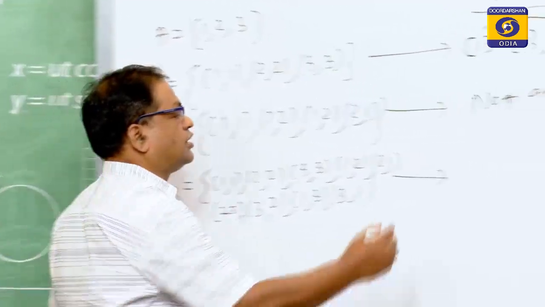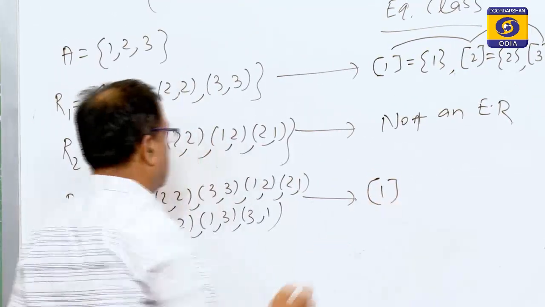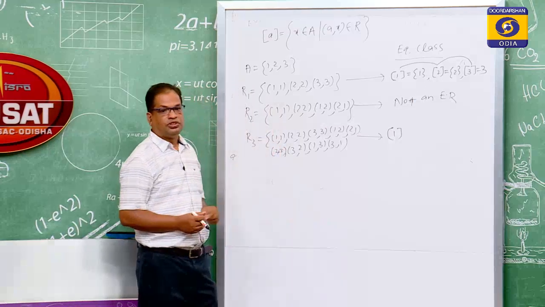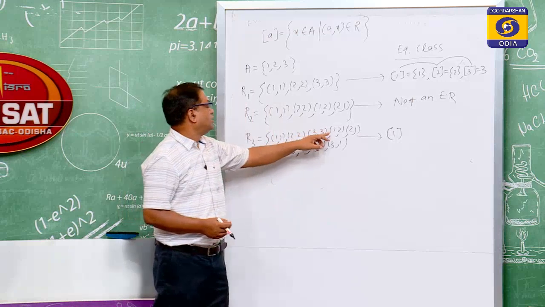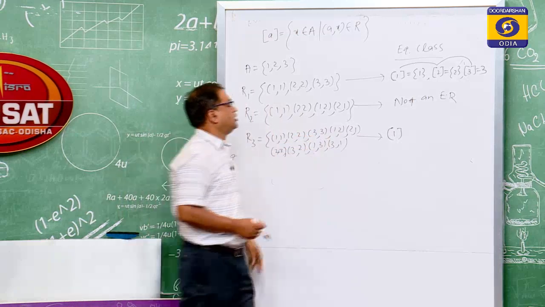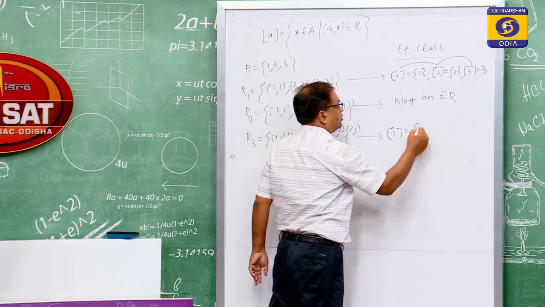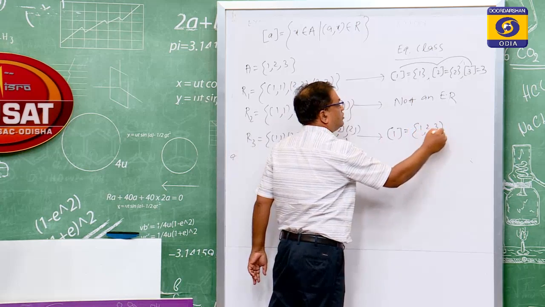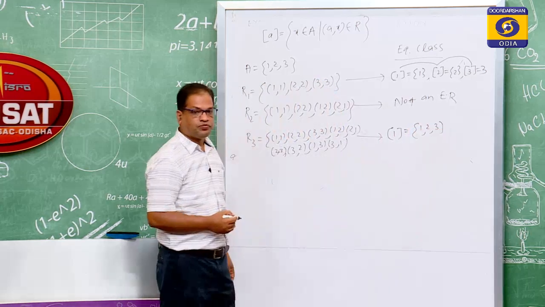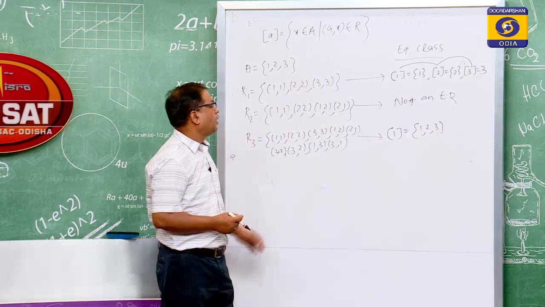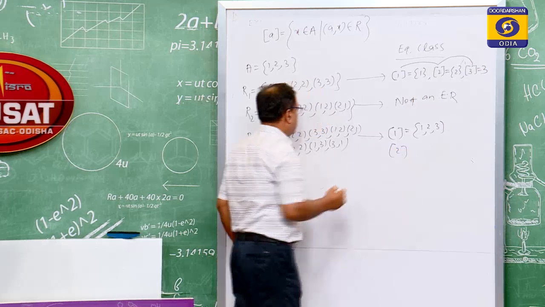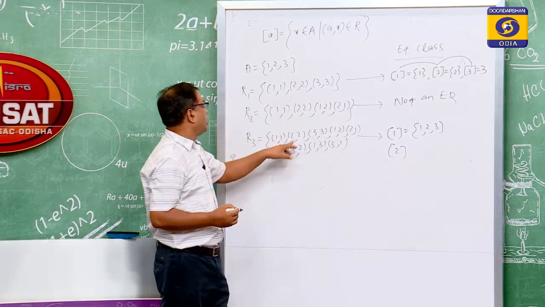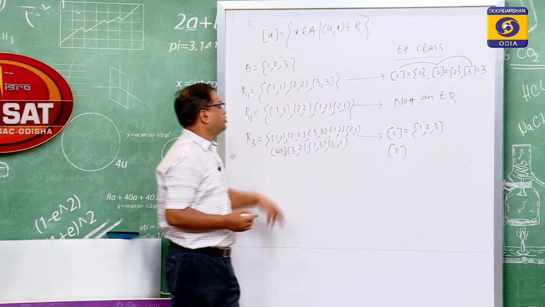So, what is the equivalence class of 1? The equivalence class of 1 means the elements which are related to 1. 1 is related to 1, 1 is related to 2, and also 1 is related to 3. So, again the equivalence class of 2: 2 is related to 1, 2 is related to 2, 2 is related to 3.